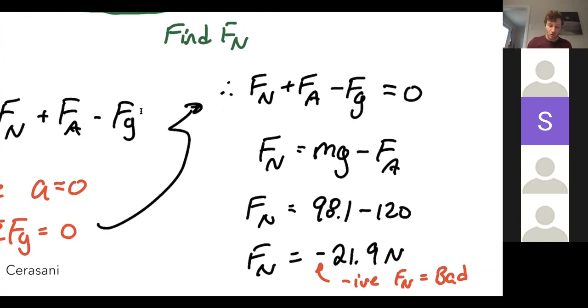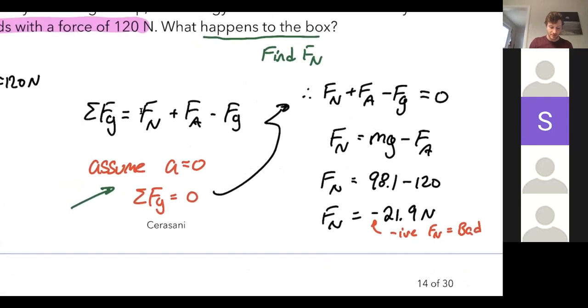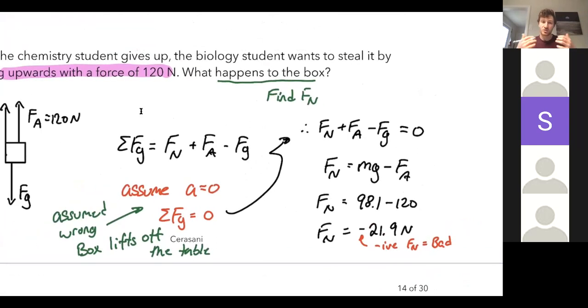So what this is telling us is that we assumed wrong, and that this box actually does lift off the table. That biology student was strong enough to pull the box off the table.